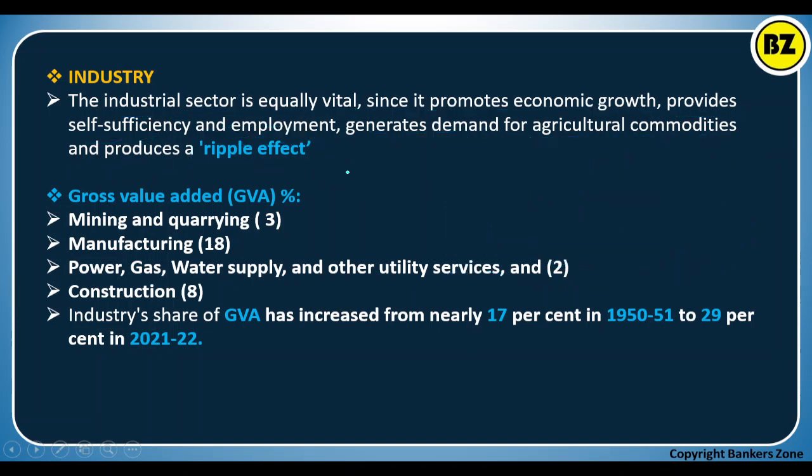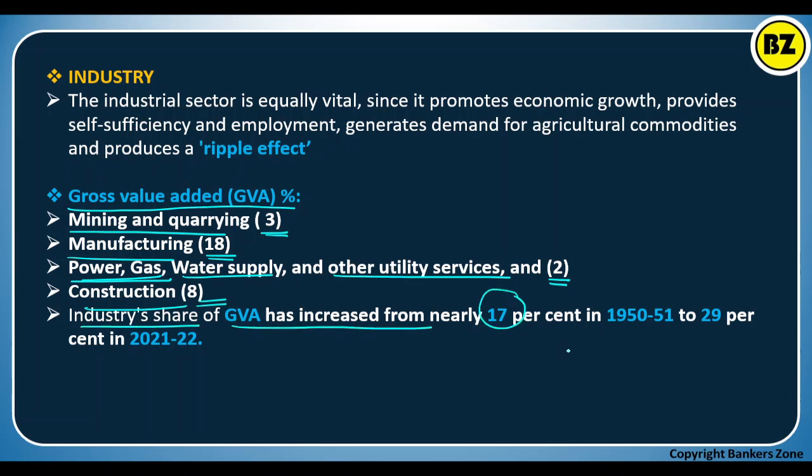Okay, now gross value added percentage. Mining and quarrying 3%, manufacturing 18%, water supply, power, gas and other utility is 2%, construction is having 8%. Industry share of GVA has increased from around 17% in 1950 to 29% in 2021.